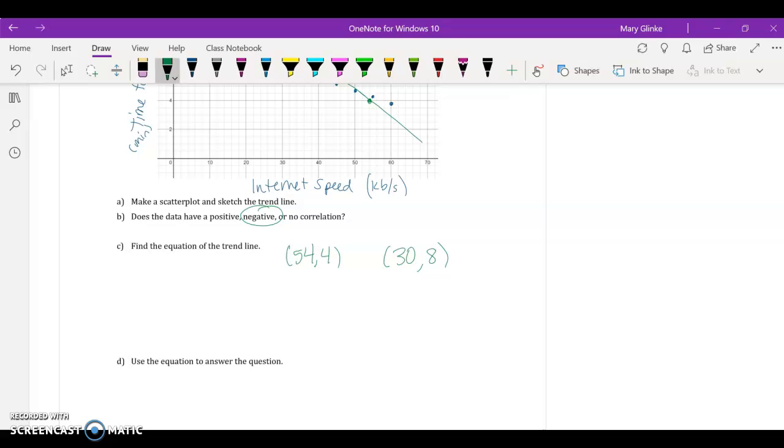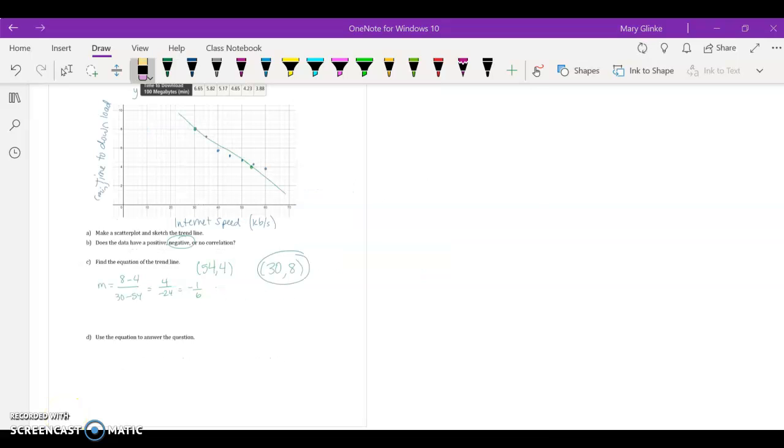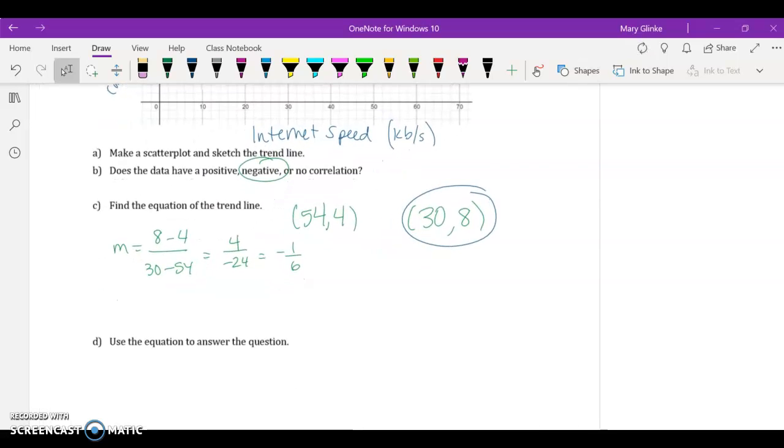We're going to find our slope by doing y2 minus y1 over x2 minus x1. So we get 4 over negative 24, which is negative 1/6. Now that we have our slope, we're going to pick a point. I'm going to use 30, comma 8. And we're going to do our equation in point slope form to get it into slope intercept.